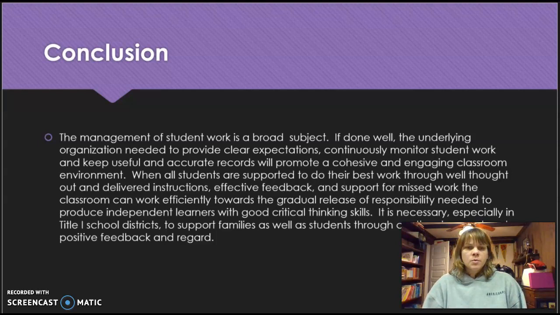When all students are supported to do their best work through well thought out and deliberate instruction, effective feedback, and support for missed work, the classroom can work efficiently toward the gradual release of responsibility needed to produce independent learners with good critical thinking skills. It is necessary, especially in Title I school districts, to support families as well as students through continual support and positive feedback and regard.